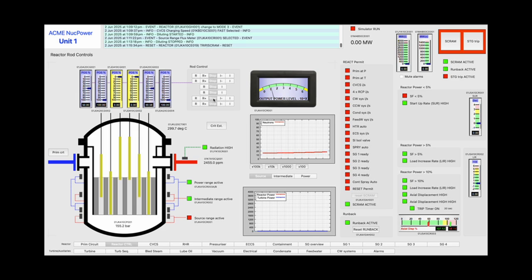Retract control rod 2 and stop it at the 50% position.